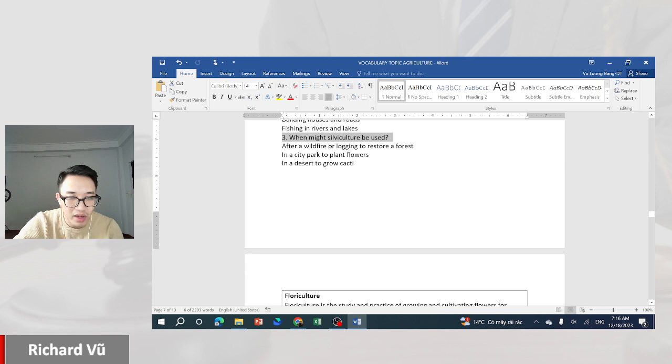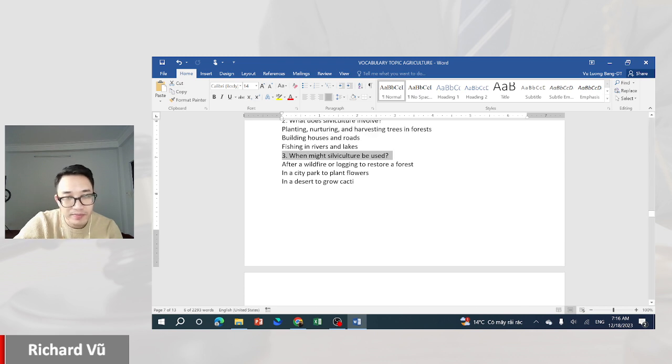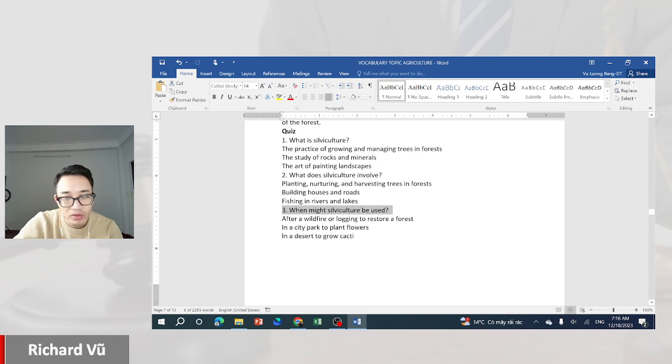The last question on our quiz. When might silviculture be used? After a wildfire or logging to restore a forest, in a city park to plant flowers, or in a desert to grow cacti. So, when might silviculture be used? After a wildfire or logging to restore a forest.